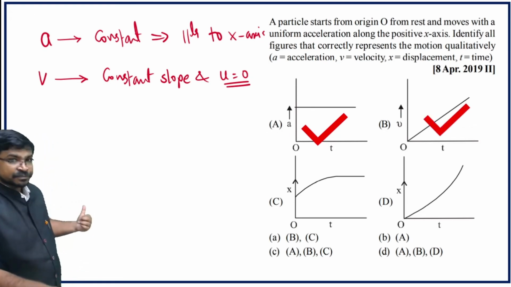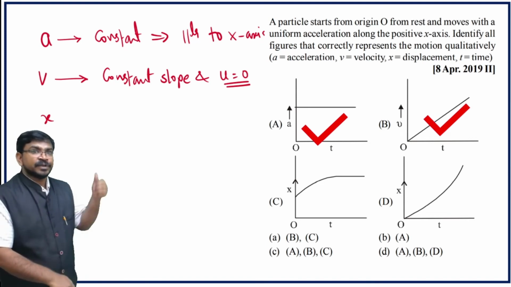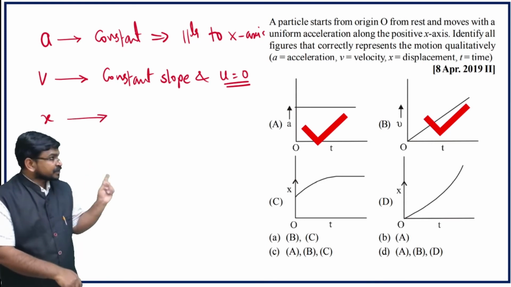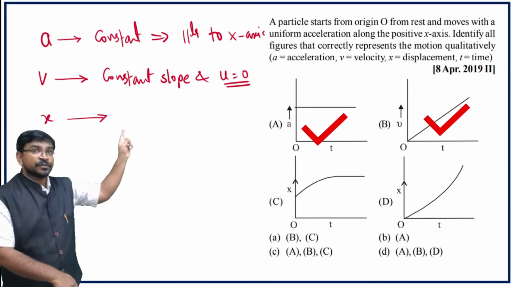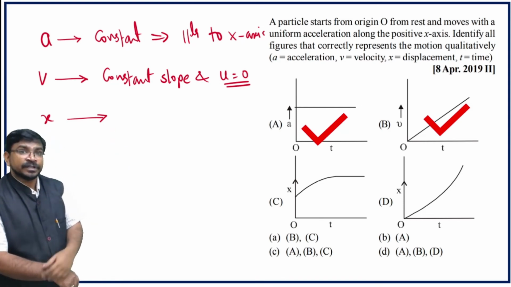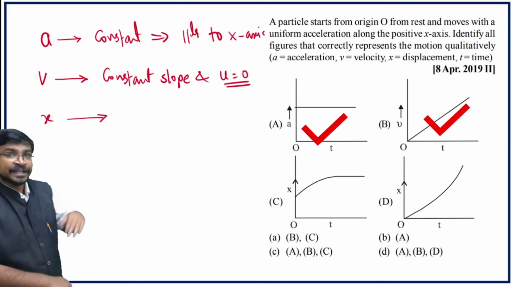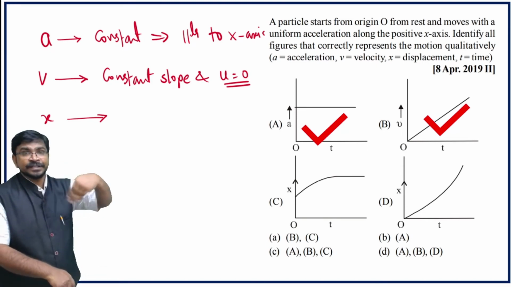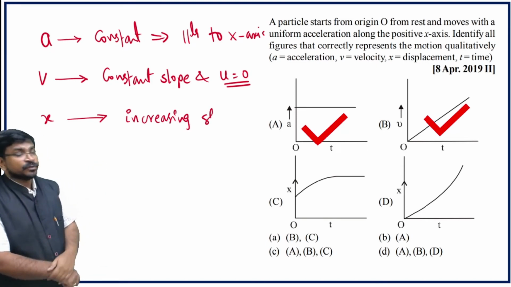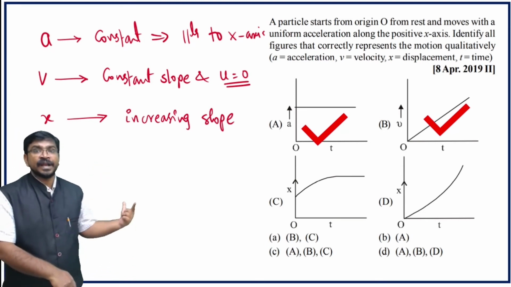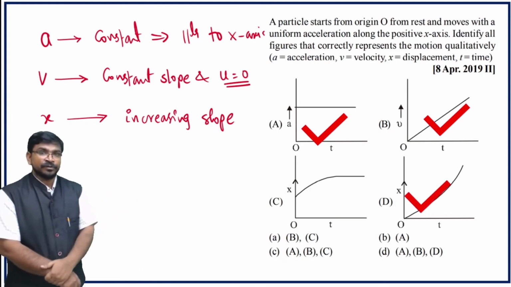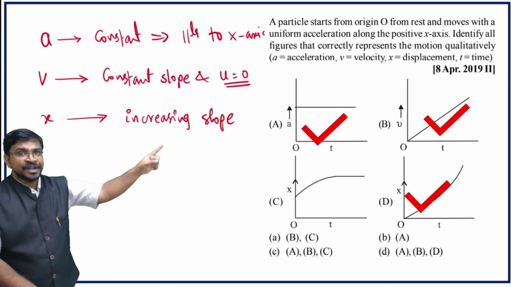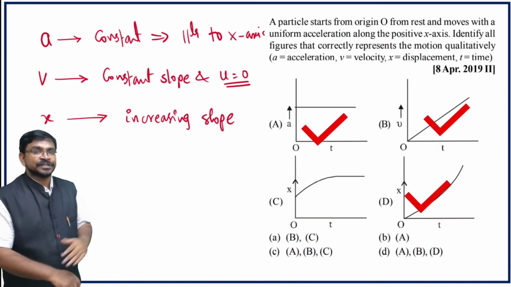And coming to the displacement, it must represent the constant positive velocity. So the slope of the displacement curve must be increasing in nature. So an increasing slope graph should be taken. Among C and D, D is suitable. So options A, B and D are correct answers for this one.